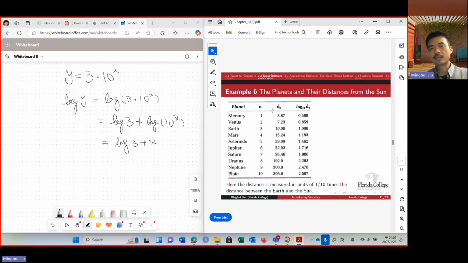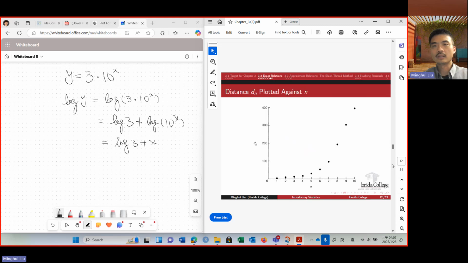So we can have a table like this, and you can probably observe that as n increases, the distance d_n between this planet or asteroid and the sun will increase. However, it's hard to see how it increases until we plot these points.